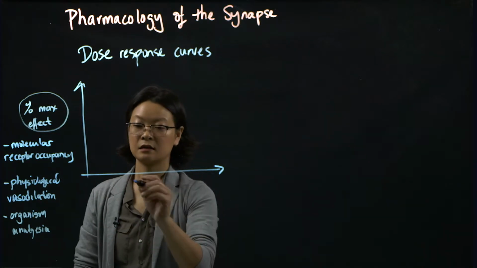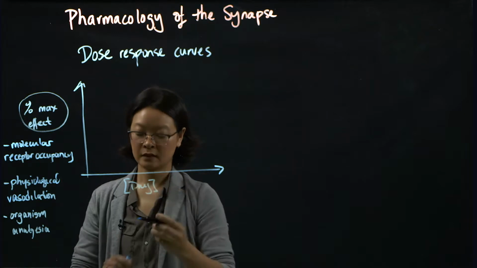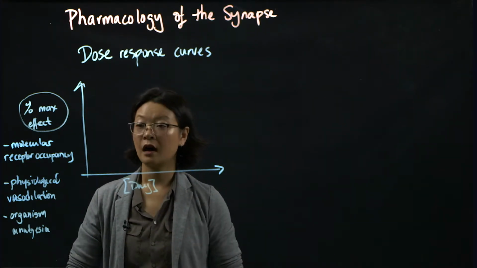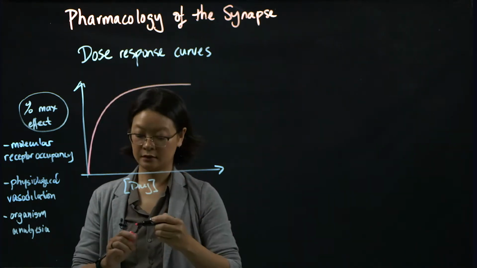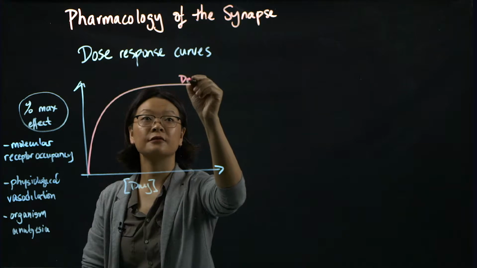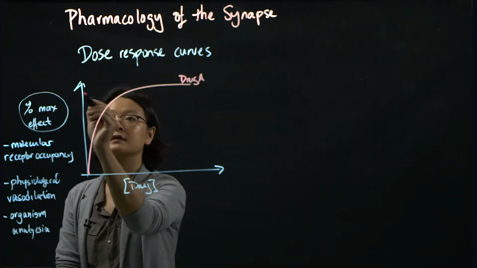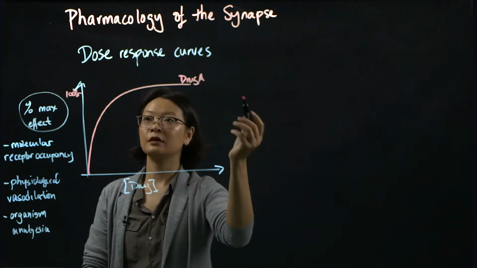On the x-axis here, you have the concentration of your drug. And most biological effects will produce hyperbolic curves, like this. So if I call this the effect of drug A, and up here this is 100% max effect, there's a couple of things to note.